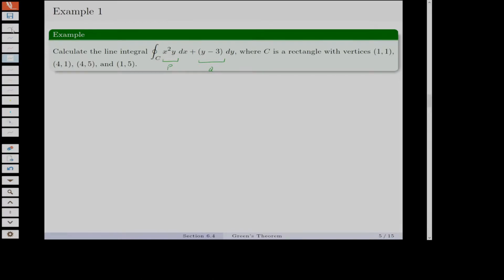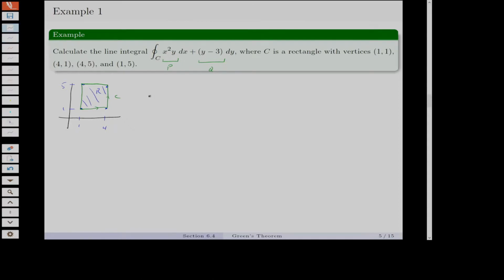The region that we want to integrate over starts with a curve that has vertices (1, 1), (4, 1), (4, 5), and (1, 5). So this outside part, oriented counterclockwise, would be my boundary curve, and I can think of the inside as being my region R.